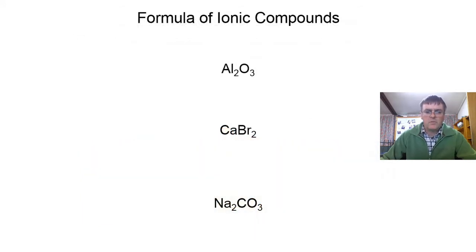What about these ones? So aluminium oxide, calcium bromide, and sodium carbonate. What have we got? So the aluminium has a 3 positive charge. It's lost 3 electrons. The oxygen's only a 2 minus charge. Therefore we have to combine them in multiples. So we've got the little number 2 here and the little number 3 here, which applies to the element in front of it.